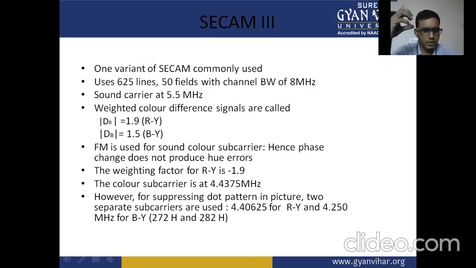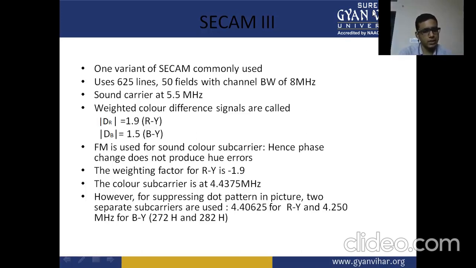Weighted color difference signals are called DR equal to minus 1.9 (R minus Y), and DB equal to 1.5 (B minus Y). FM is used for the color subcarrier, and hence phase changes do not produce errors. The weighting factor for R minus Y is minus 1.9.